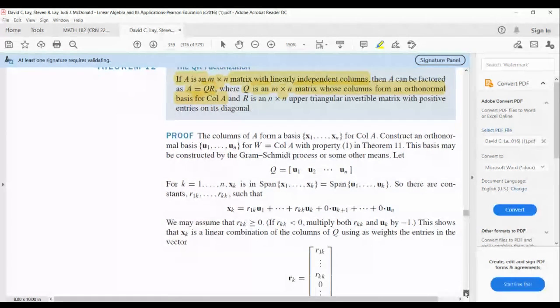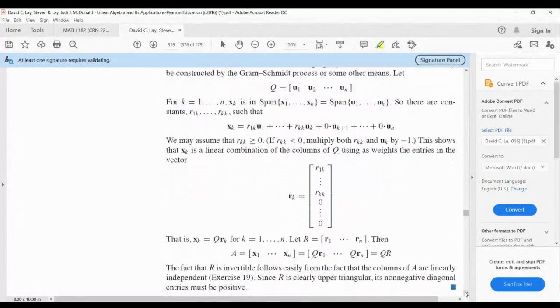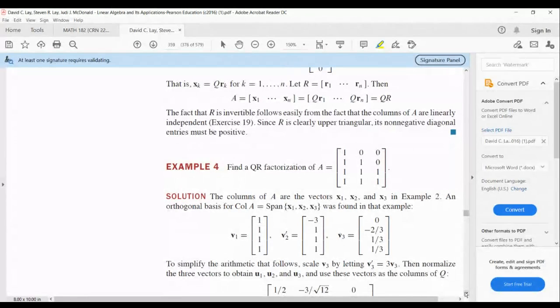They give a proof. I don't necessarily want to go through the proof, but you can look at it if you want. I want to look at an example here. With the example, hopefully things will be a little bit intuitive.